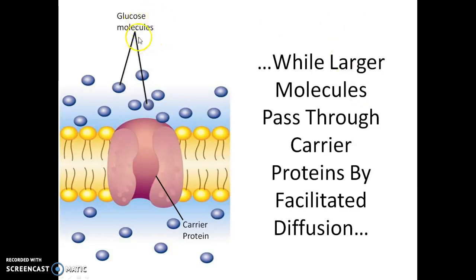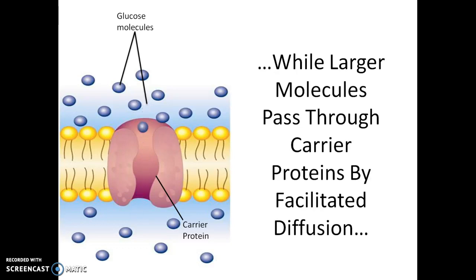Sometimes, however, you can see these molecules are too large to shimmy through those phospholipids, so they get stuck. However, they still want to move from high to low concentration inside of the cell. So sometimes these molecules need a little help. They need to be facilitated. So what happens is they travel through these carrier proteins, or these carrier molecules, as your vocab would say it, and it's basically like a tunnel where the molecule is able to fit through the membrane from high to low concentration.